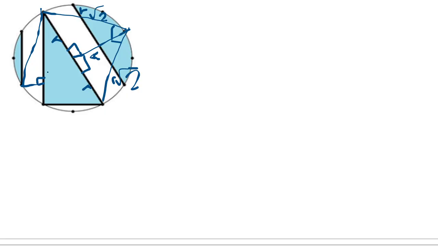So now I have a right triangle. Based on our previous calculations, we know that this length right here is 1 times the square root of 2. We need to keep that in mind because that's going to be crucial in order to solve this problem.